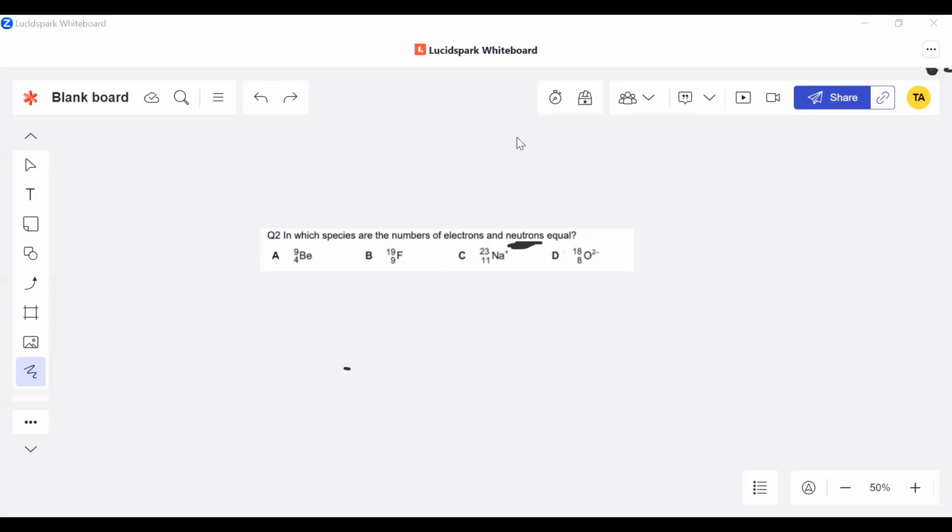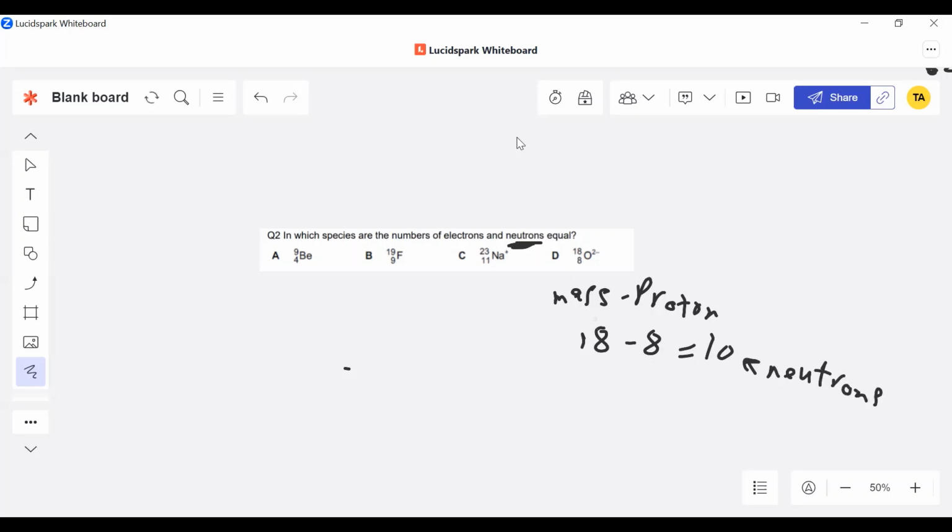So the neutron number would be the mass number minus the proton number. The mass number is 18, proton number is 8, and I get 10 neutrons. This 10 refers to the neutrons. Now, I had 8 protons, which means 8 electrons as well.